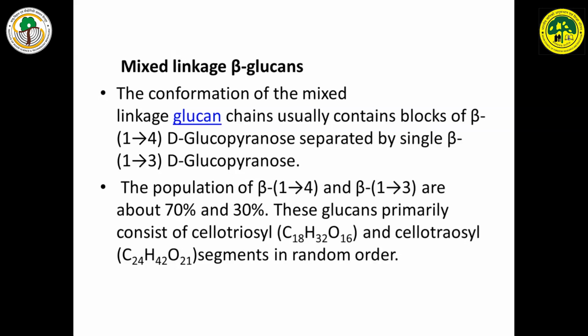So here we found that in the case of hemicellulose, the aldoses are present in the form of 4 carbon units. That means tetrose. That means cellotetraosyl is the tetrose. A 4 carbon atom unit is present.